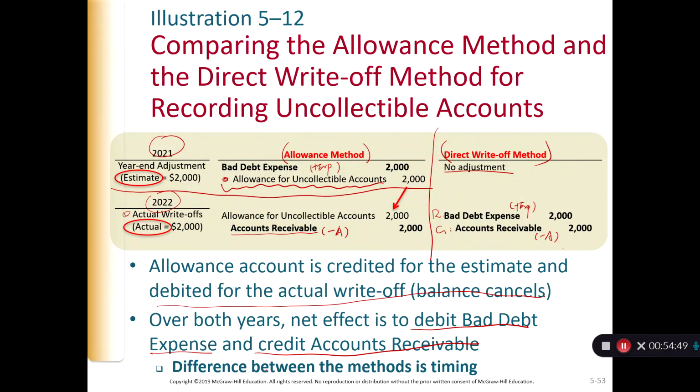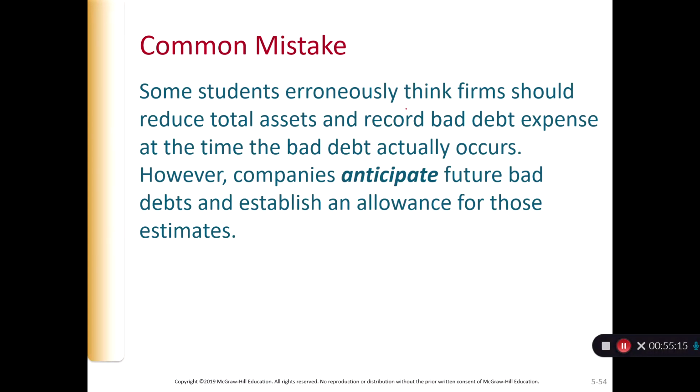The big difference between these two, like I said, is that one uses this buffer account to record the bad debt expense when you have accounts receivable, and the direct write-off method records the bad debt expense when it is really happening. A common mistake is that some students erroneously think firms should reduce total assets and report bad debt expense at the time the bad debt actually occurs.